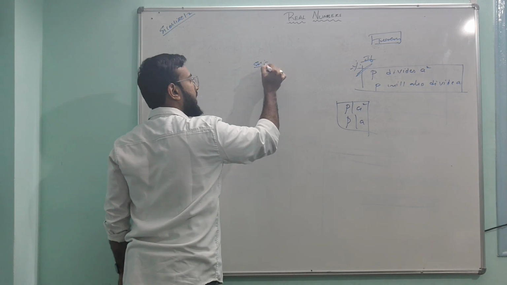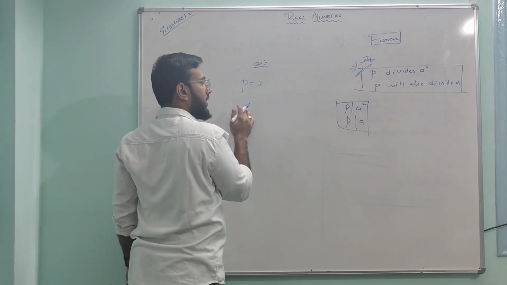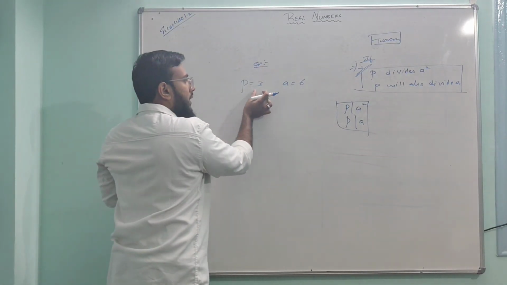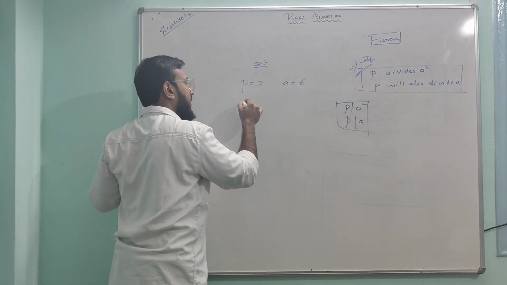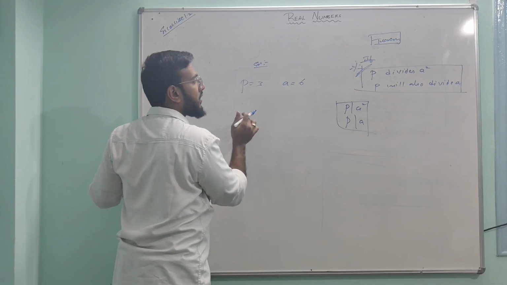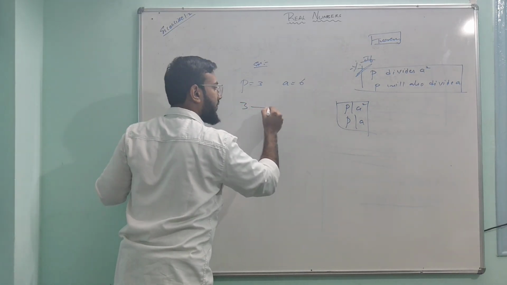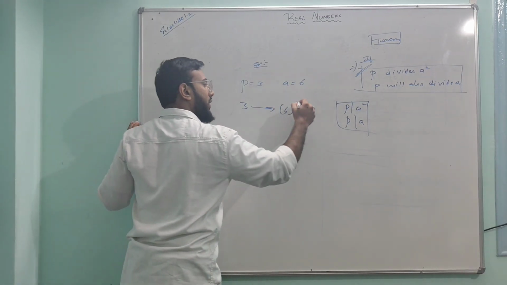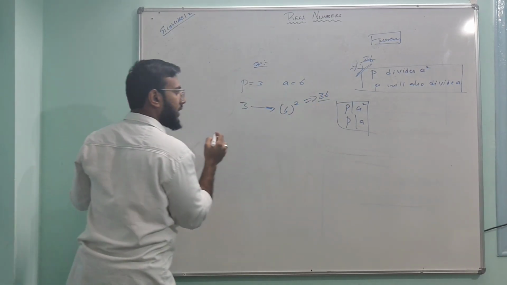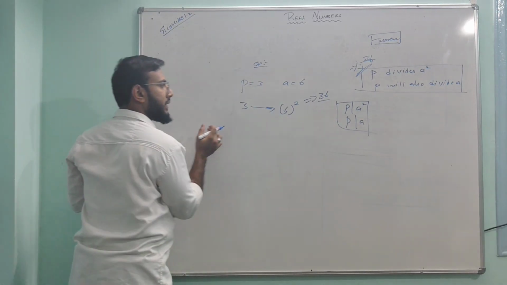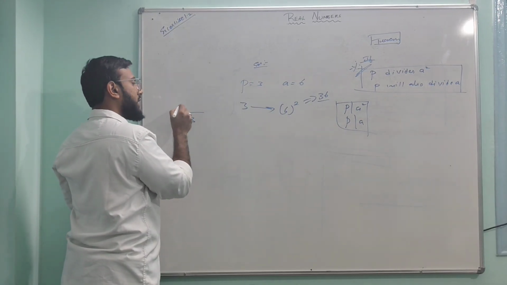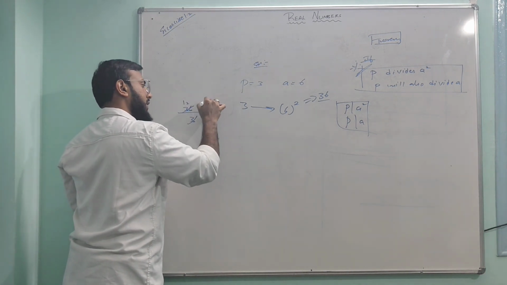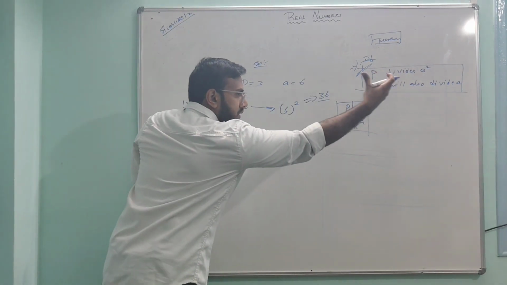Take an example. Let p is equal to 3 and a is equal to, we'll take 6. If 3 is dividing 6 square, a square, what is 6 6s are 36, correct? If p is dividing this number, 3 1s are 3, 3 2s are 6, we're getting 12. p will also divide a.